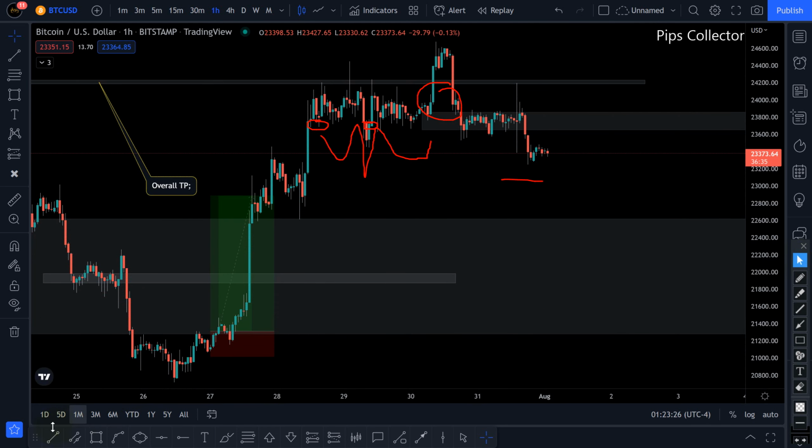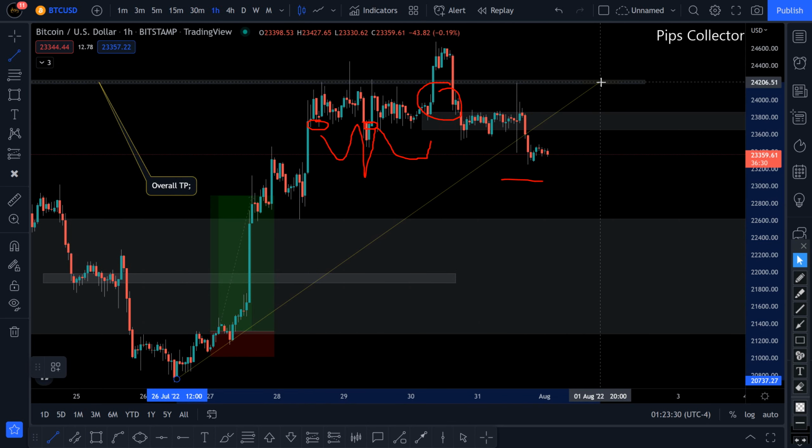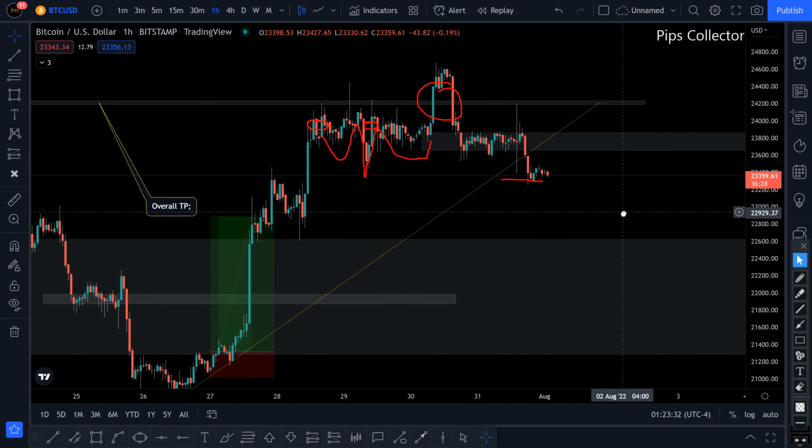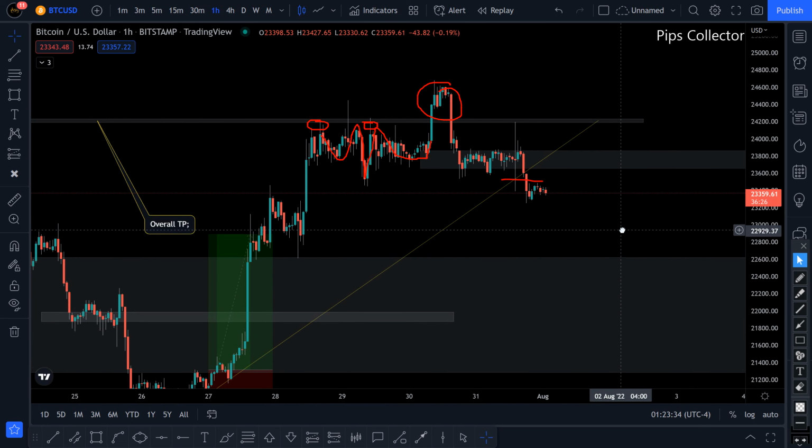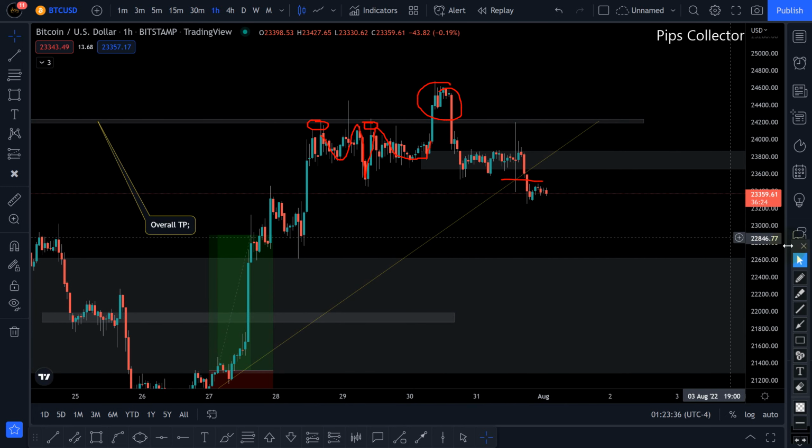Now, if you remember what we said, let me draw our bullish trend line. Okay, then let's come back to where we were. Using our bullish trend line based on the first and second point, you would see clearly that the reason why we got this weakness is because price respected this trend line, but now we have gotten a bearish breach, as in this trend line has been violated.